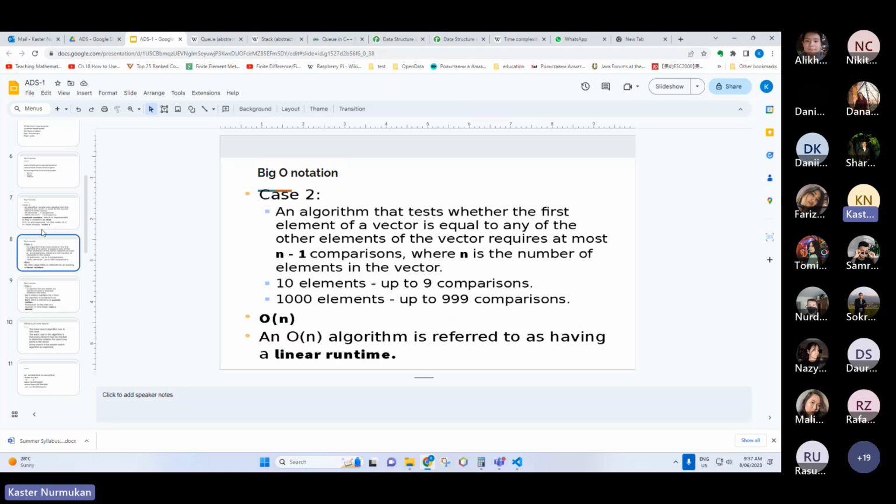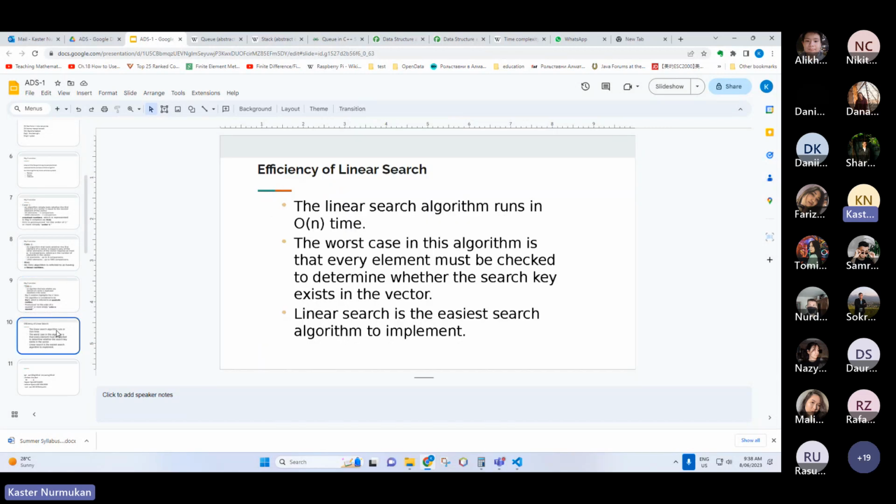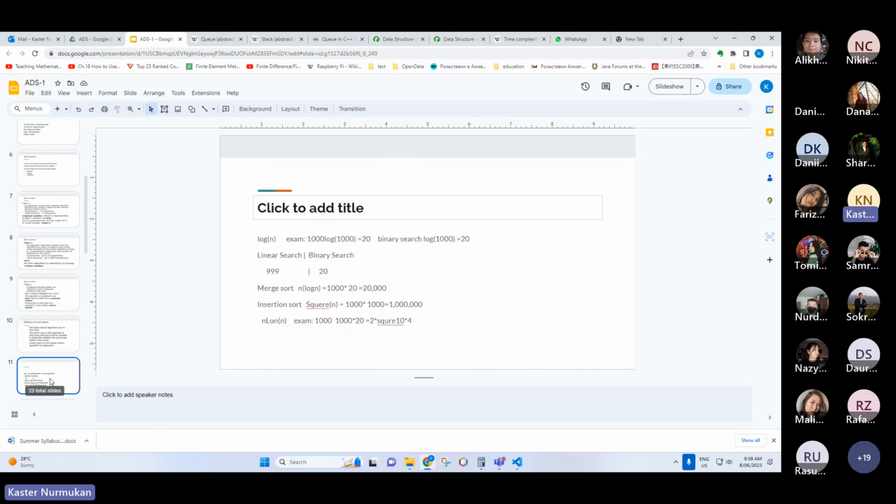But we will do a little bit of combination in between. Other things, like log n time, sometimes efficient. Linear search, I mean, linear search is kind of linear time.